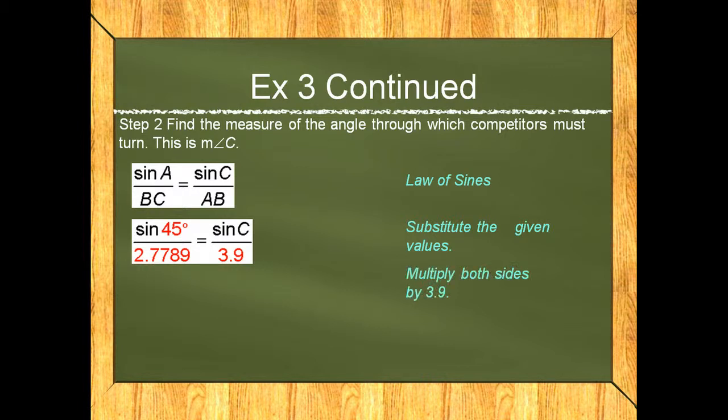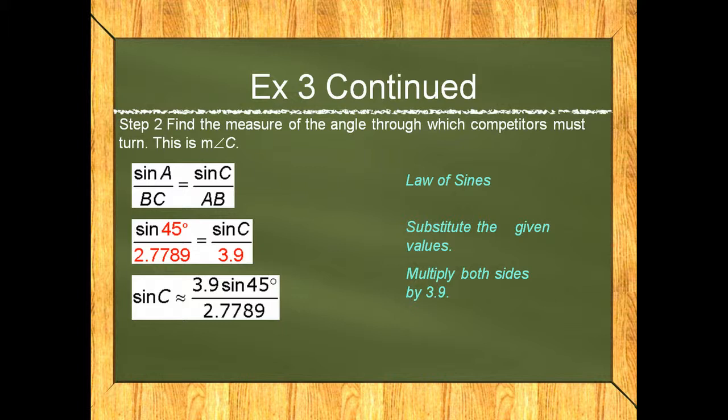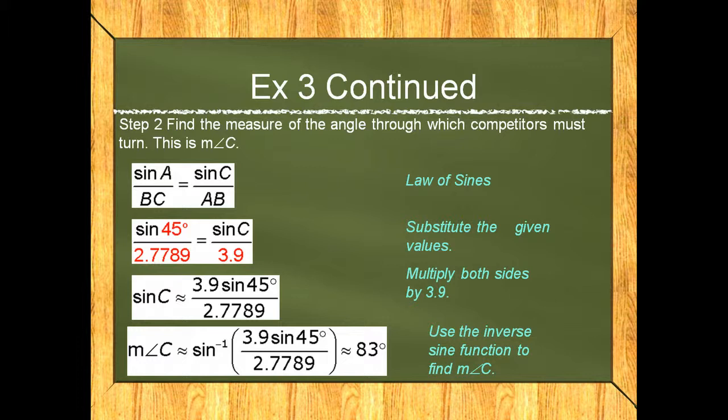Multiply both sides by 3.9, and the sine of C equals 3.9 sine of 45 over 2.7789. We're going to use the inverse sine function to find the measure, and it is approximately 83 degrees. Kind of a sharp turn if you think about that, for turning on the water to go on the course.